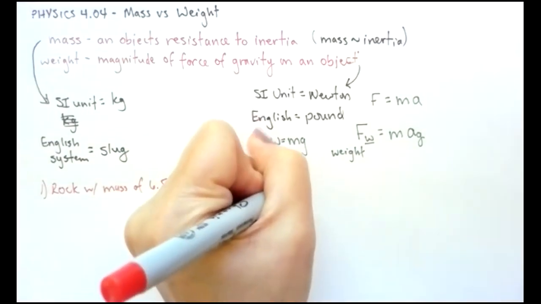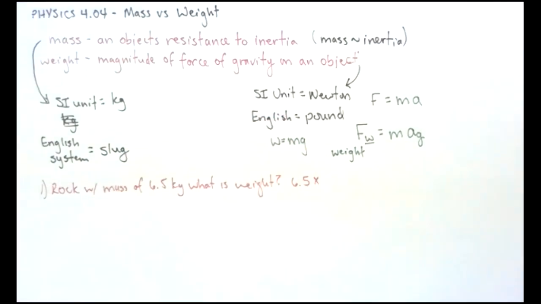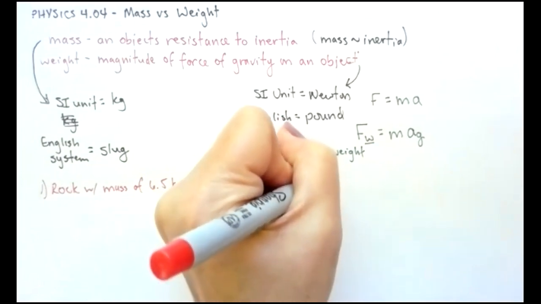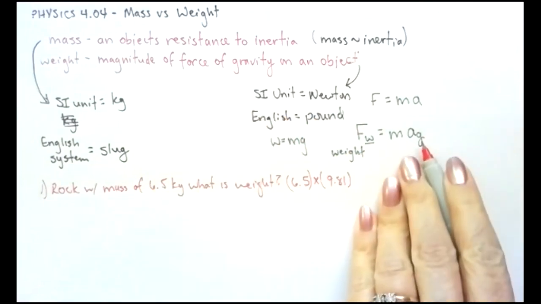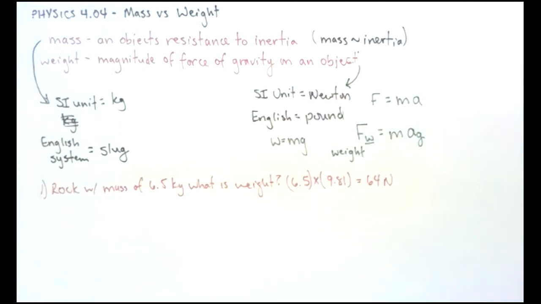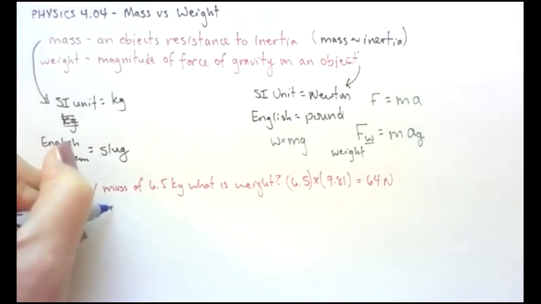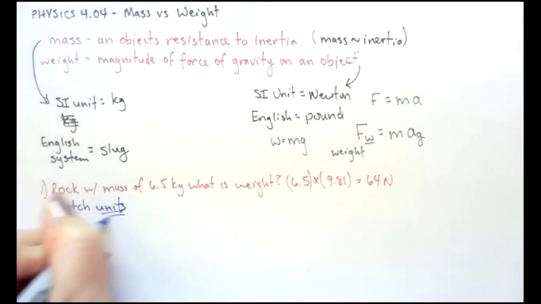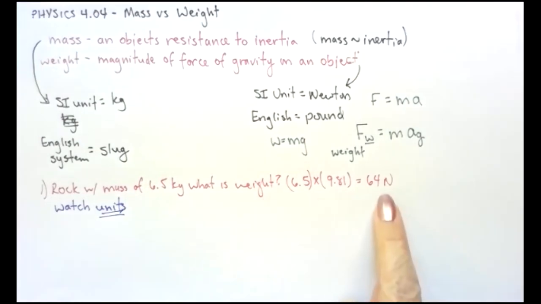Well, I have to take that 6.5 times 9.81 meters per second squared, and I come up with 64 newtons. Here is a tip for you. Watch your units. If you're reading a problem and you see weight, or you see newtons, you know you're talking about weight. You can't be talking about mass because mass is going to be in kilograms.